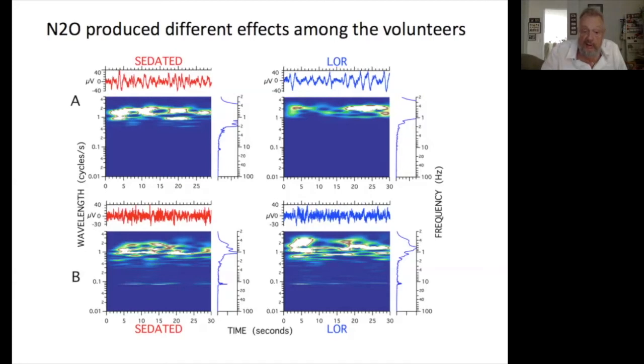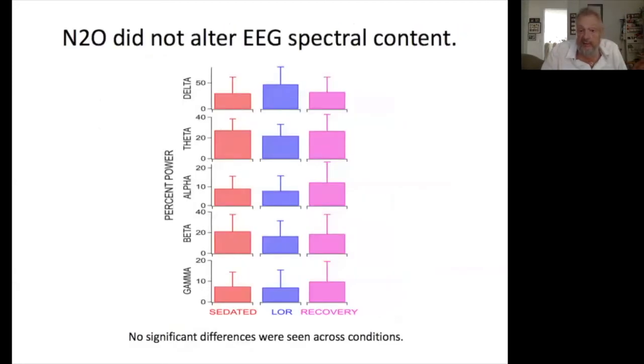If we look across all the subjects, you can see there's hardly any change in any of the major EEG frequency bands from delta to higher frequency 40 Hertz gamma oscillations. So you look across any condition, sedated to the deeply sedated, loss of response level versus recovery, and there's very little change.